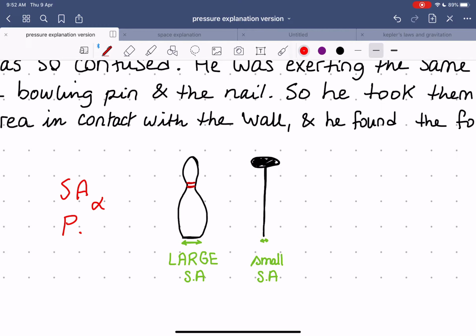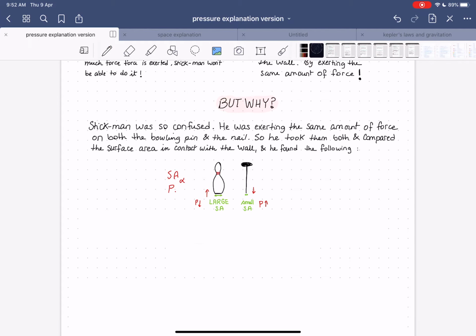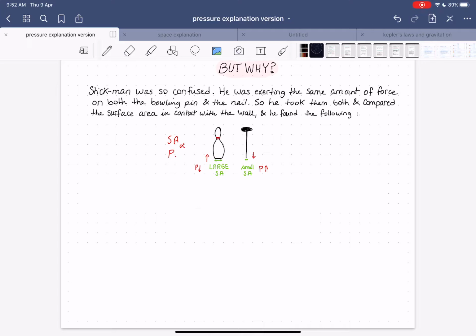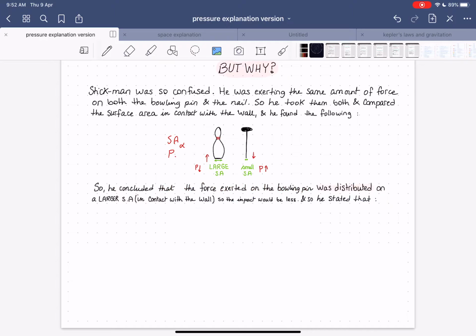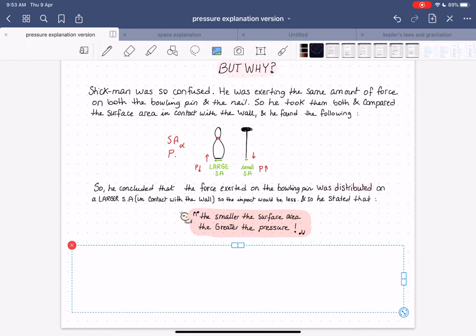When we have a large surface area, the pressure seems to be less, while when we have a small surface area, the pressure seems to be more. This proves that pressure and surface area have a relationship that is inversely proportional. We say the smaller the surface area, like the nail, the greater the pressure.